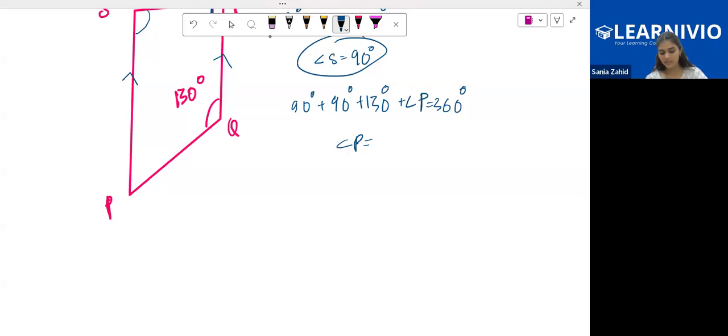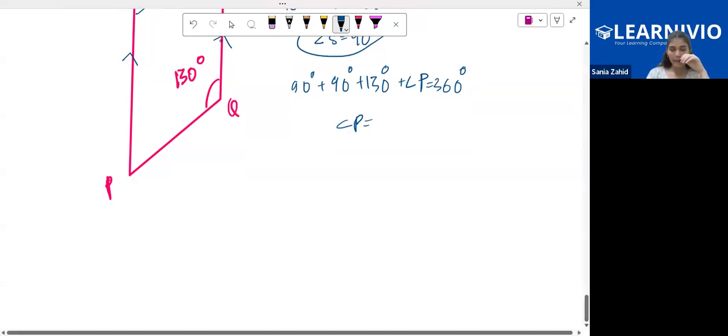Okay. P equals 50. What are you saying? Angle P equals 50. Okay, how come? 90 plus 90 equals 180. Yes, ma'am. 180 plus 130 equals 310.